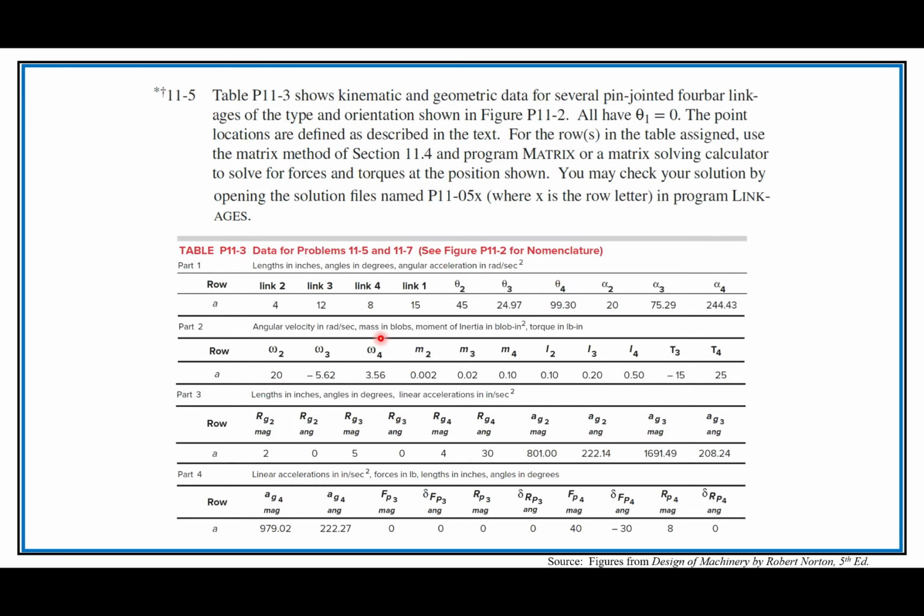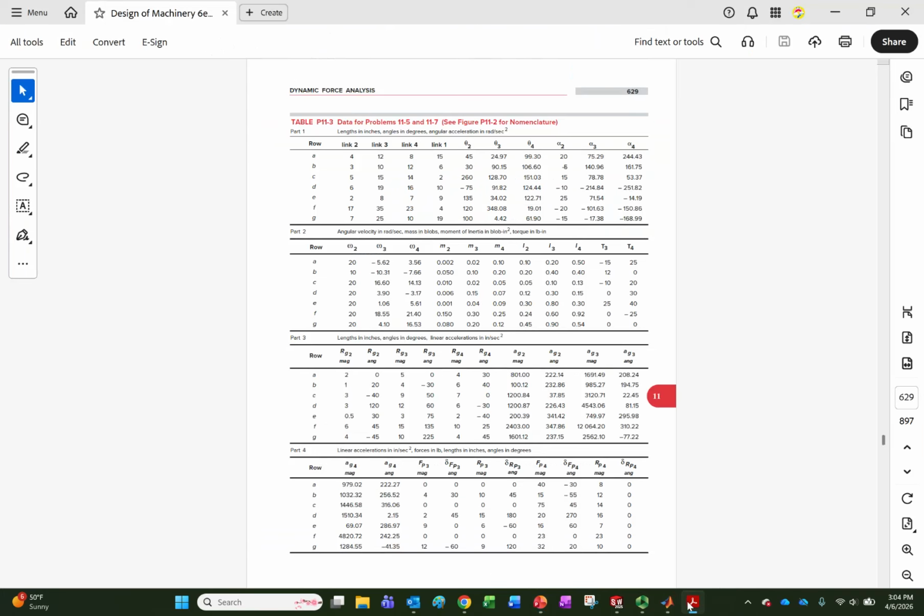So let's take a look at the problem. So this is 11.5a. I chose this because the solution manual exists. Norton doesn't have the solution to every one of the problems where he has a table with multiple problems.